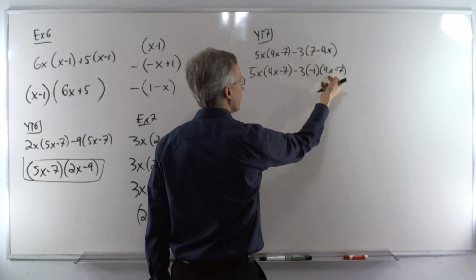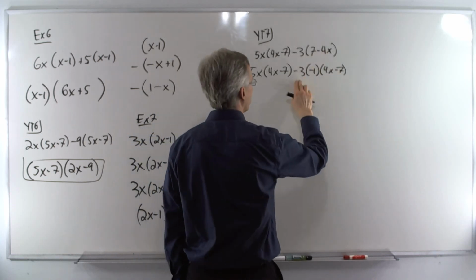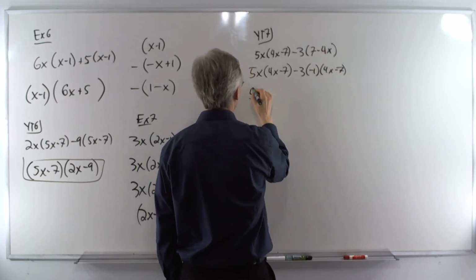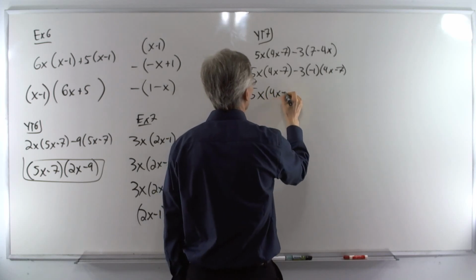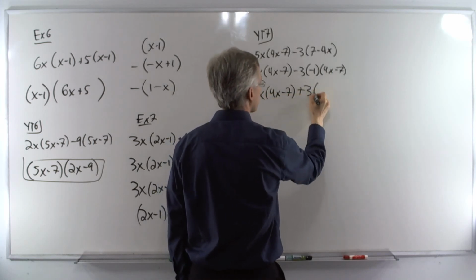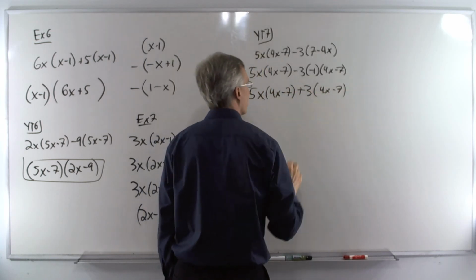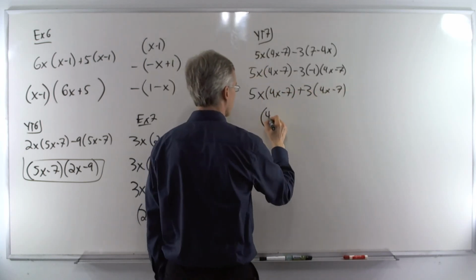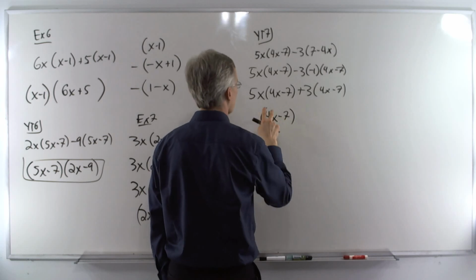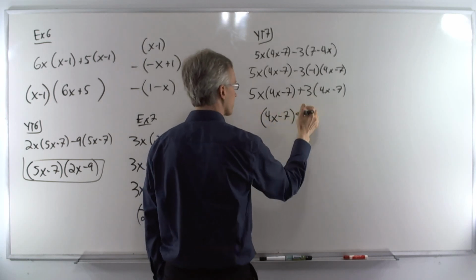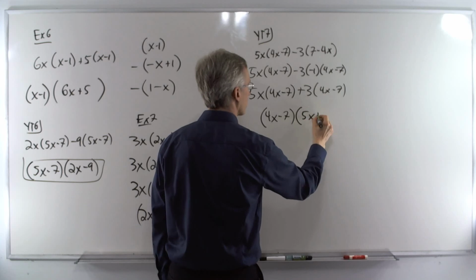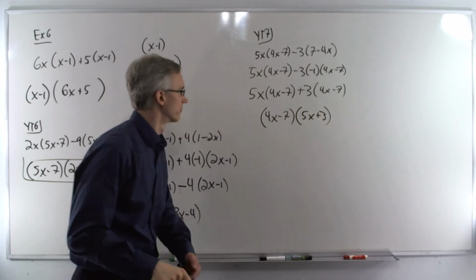Flip that binomial. Now multiply this out. Negative 3 times negative 1 is positive 3. That turns into plus 3 times (4x minus 7). Now we can factor out 4x minus 7. And what's left behind is 5x plus 3. And there's your factored form.